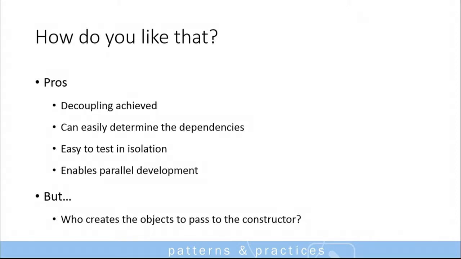And it also allows you to have parallel development, because you could program against these interfaces and somebody else working on a real implementation of ILogger and a real implementation of IOrderStore can be working at the same time. But there's some magic here, right? Who actually manages the real objects? So that's how we get into dependency injection.